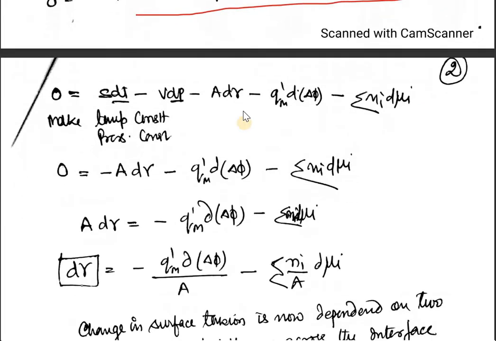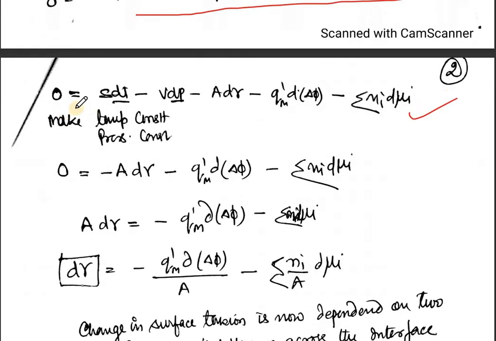If in this equation we keep two things constant, temperature and pressure, then these two terms will be zero.